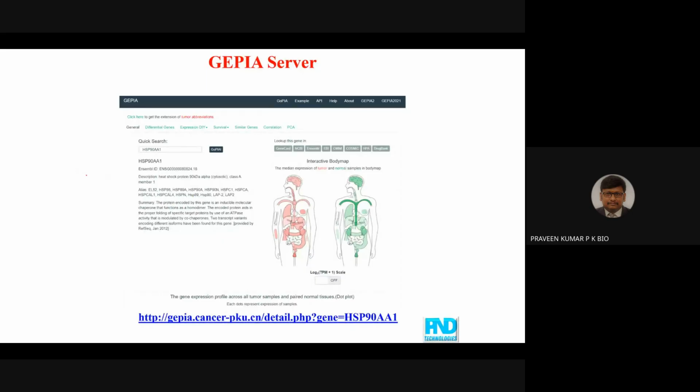So don't restrict yourself to a single gene, saying this gene alone is responsible for causing the cancer. You have to take thousands of genes and then consider the gene expression patterns from the patients. In the GEPIA server, we have plenty of data sets deposited from multiple hospitals in the USA.